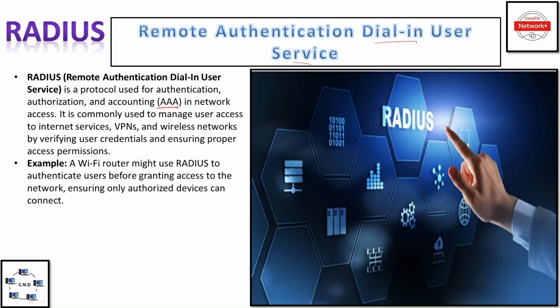It is commonly used to manage user access to internet services, VPNs, and wireless networks by verifying user credentials and ensuring proper access permissions. For example, a Wi-Fi router might use RADIUS to authenticate users before granting access to the network, ensuring only authorized devices can connect.